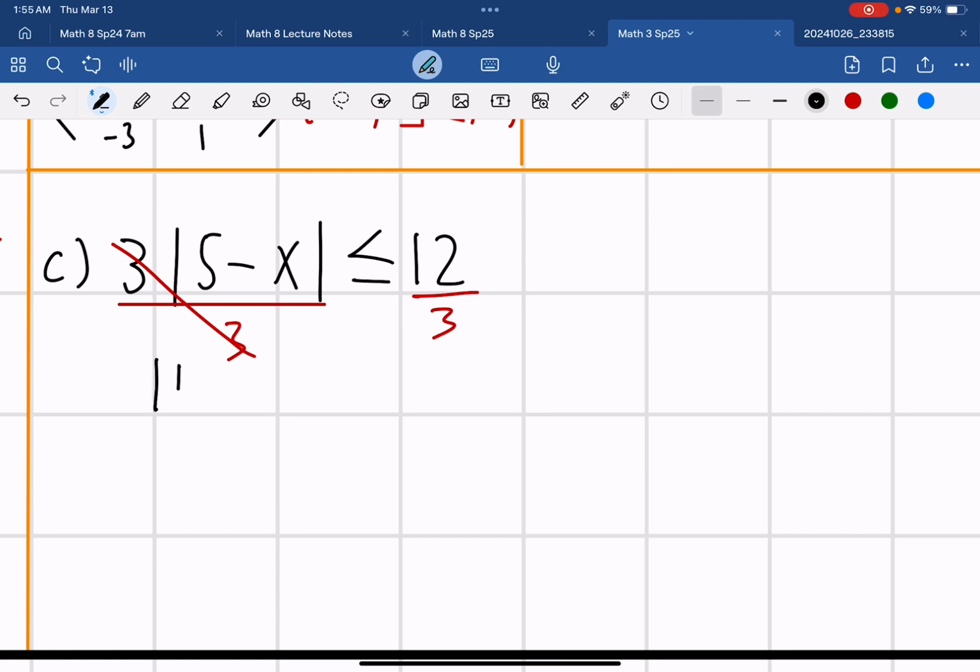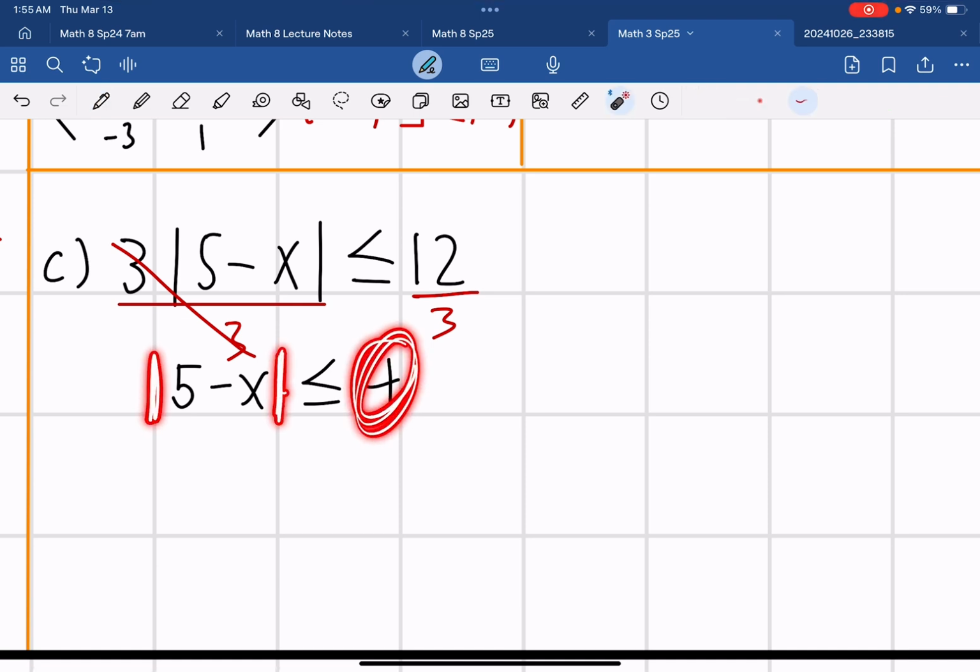That leaves me with absolute value of 5 minus x, close absolute value, smaller than or equal to 4. And I keep saying this, once it's isolated, watch out for zeros or negatives. Because that's going to make a huge difference when it comes to the amount of work you have to do after that, which is almost no work at all. And I think the next example illustrates that.